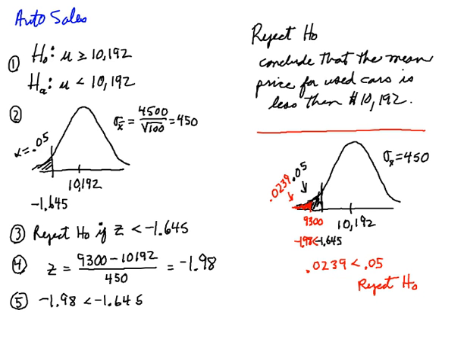So with the 0.0239, it gives you a feeling of how much further it was out there, and that the evidence was even stronger than it had to be. Also notice that in a problem like this, whether you use the test statistic critical value approach as we did at first, or comparing the p-value to the level of significance, these will always agree. It's really just two different methods that are closely related.